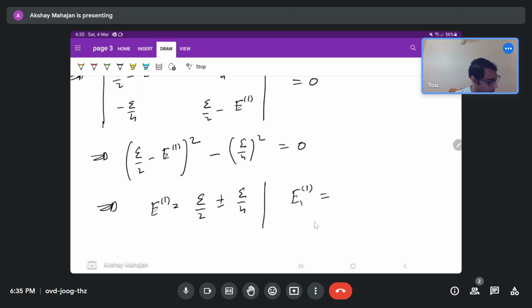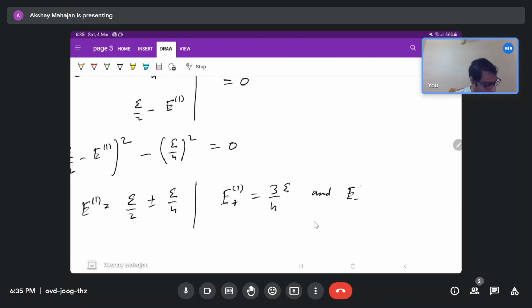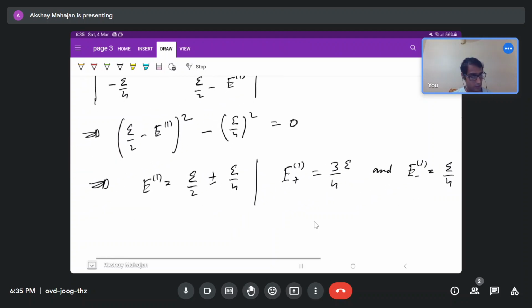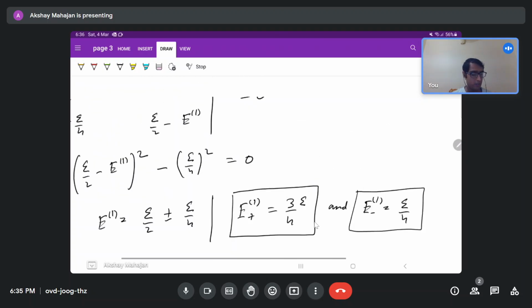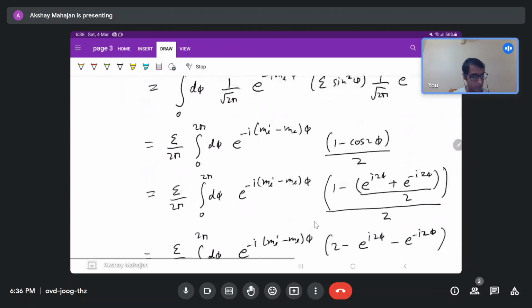One value will be epsilon by 2 plus epsilon by 4, that is 3 by 4 of epsilon, and another value from the minus sign is epsilon by 2 minus epsilon by 4, that is just epsilon by 4. So these are our two first order energy corrections that we get for this particle in a ring problem by combining the degenerate states ml plus minus 1.